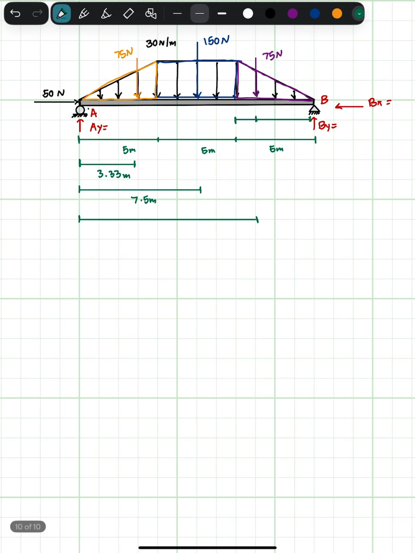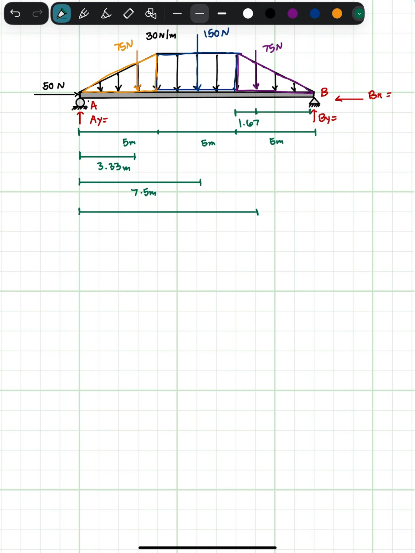So this is 1.67. So 1.67 plus 10 is the distance from that point load. So I'm getting 11.67.